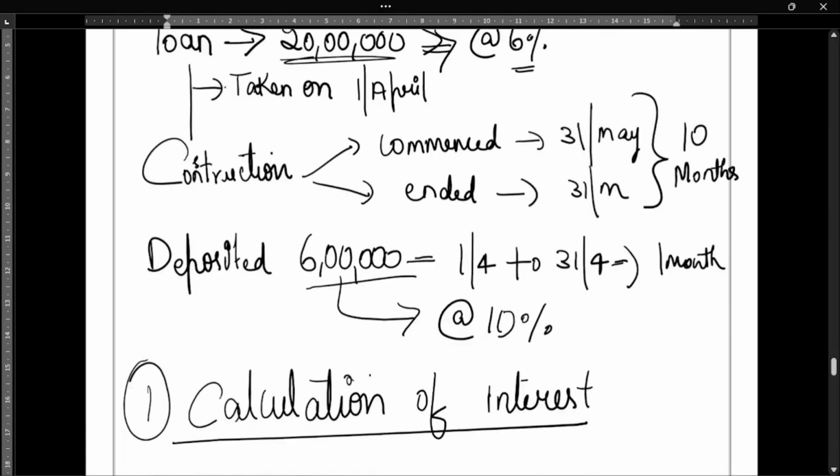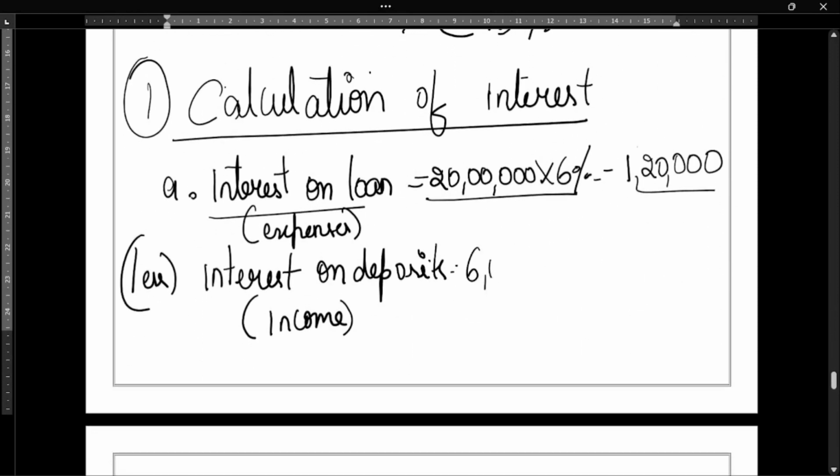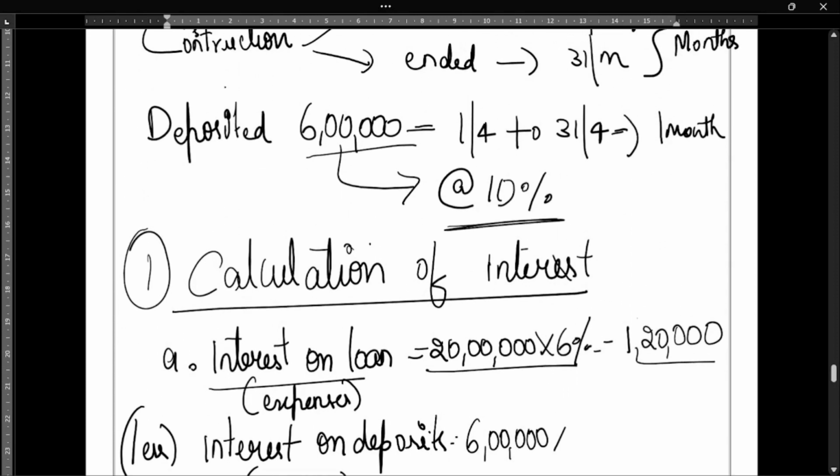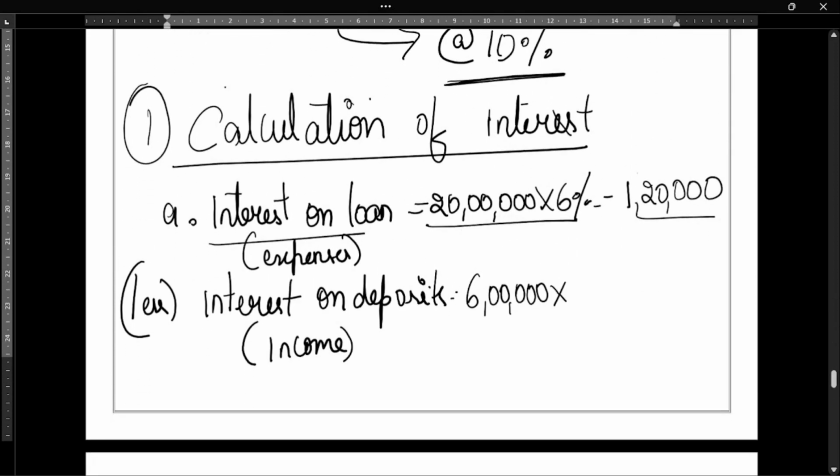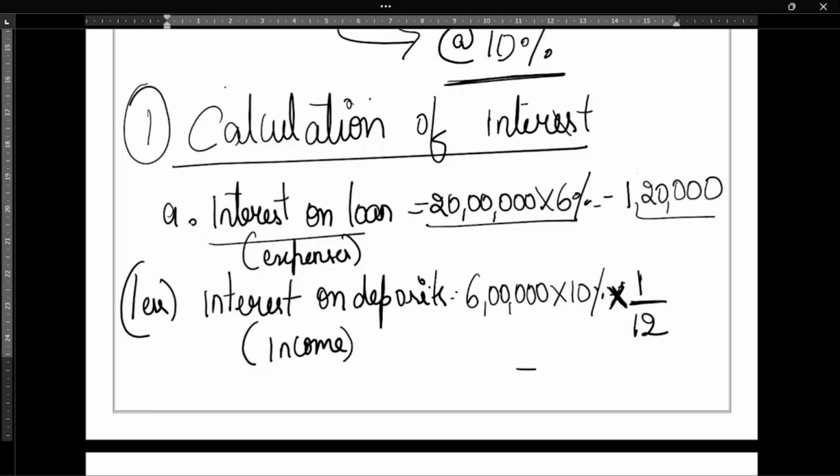Amount of deposit is 6 lakh into what is the rate of deposits? It is 10%. So 6 lakh into 10%, but the deposit is not for one full year. It is only for 1 month. So 1 divided by 12. When you solve, 6 lakh into 10% into 1 divided by 12 will be 5,000.